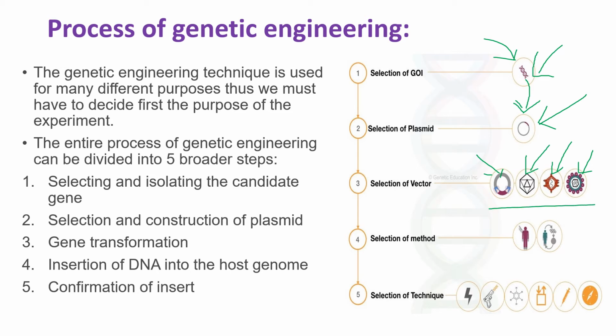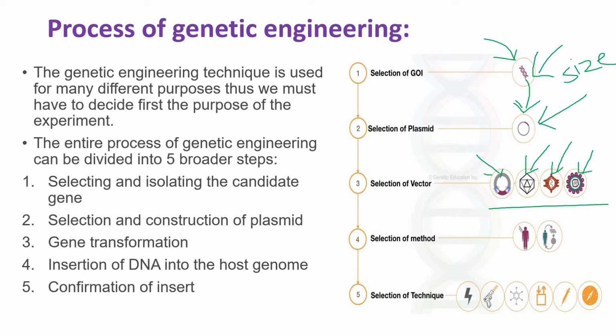So selection of vector depends on the size of your original gene. Based on that, you will select the type of vector you want to use for the genetic engineering experiment.